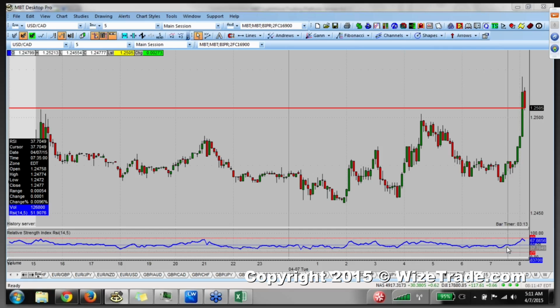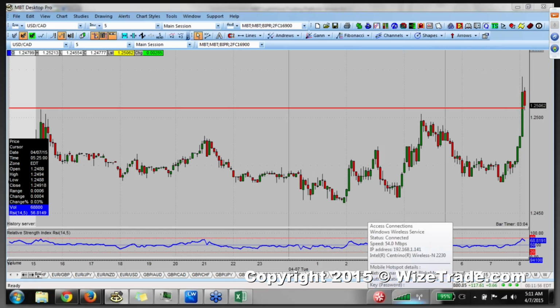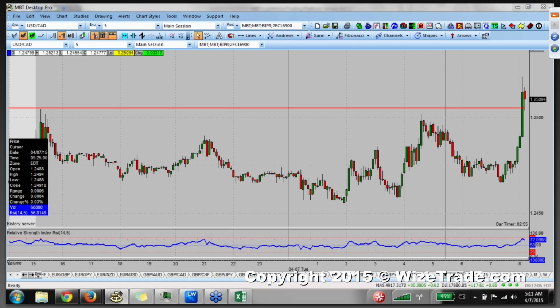Crazy. Look at that. We took out the stop, right back down again. Very whippy moves right now, whipping through the market.